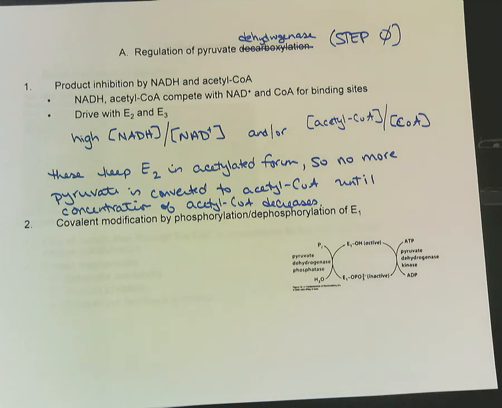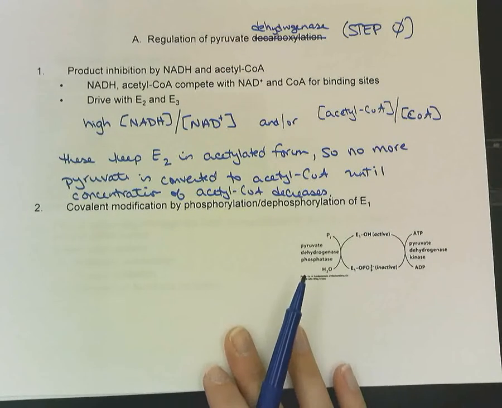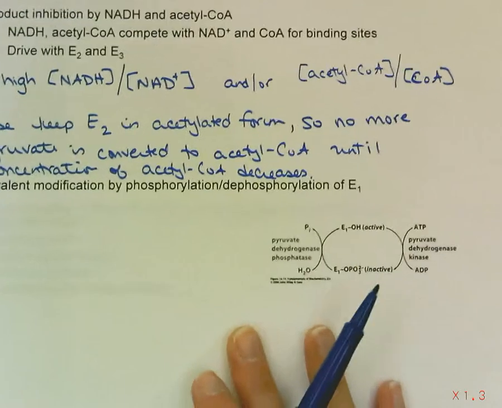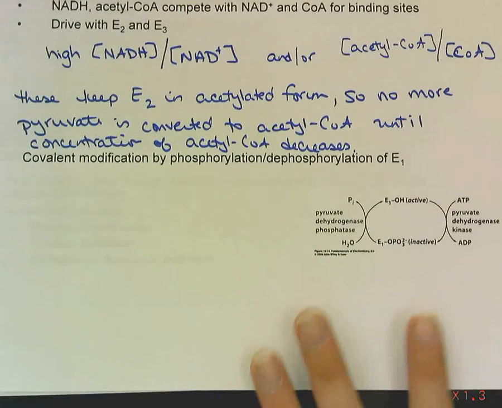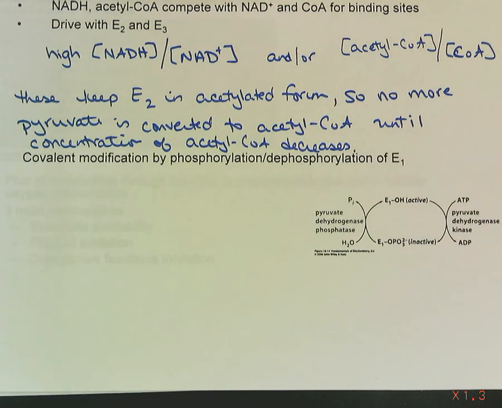The other way we can regulate step 0 is using covalent modification of E1. Let me zoom in a little bit. All right, so E1 is our enzyme that has the TPP attached to it.